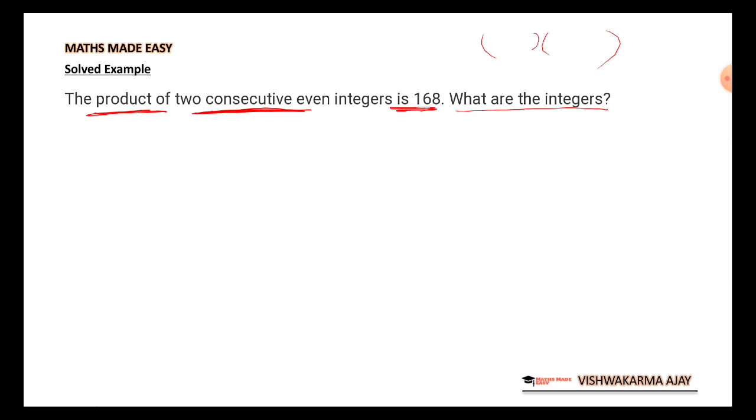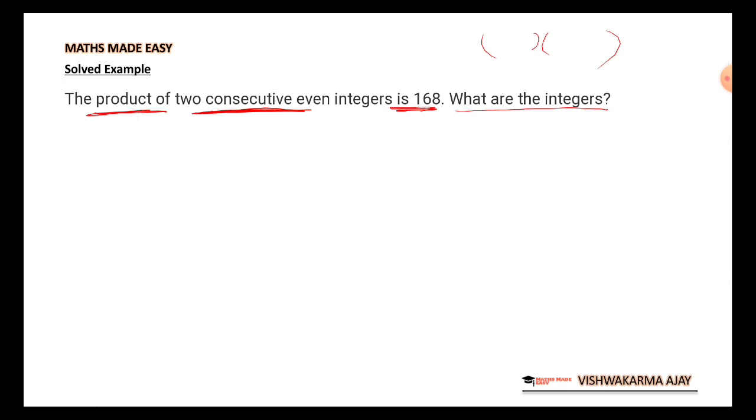For example, 1 and 3 can be consecutive numbers, but only if I am talking about odd numbers. 3 and 9 cannot be consecutive if I am talking about odd numbers. 7 and 9 can be consecutive if I am talking about odd numbers, because after 7 there is 9 and before 7 is 5. So 5, 7 can be consecutive odd numbers, and 7, 9 can be consecutive numbers if I'm talking about only odd numbers.